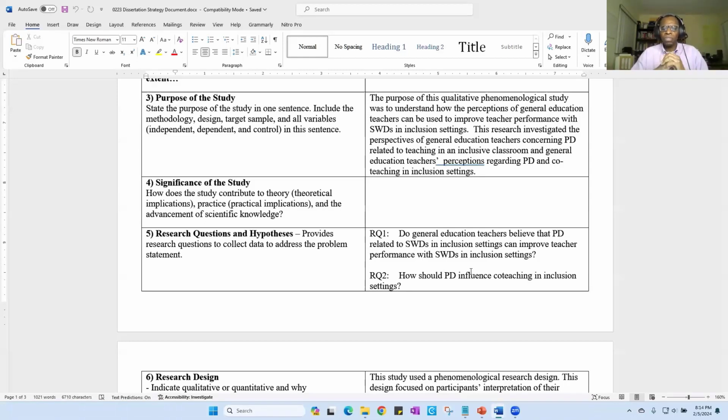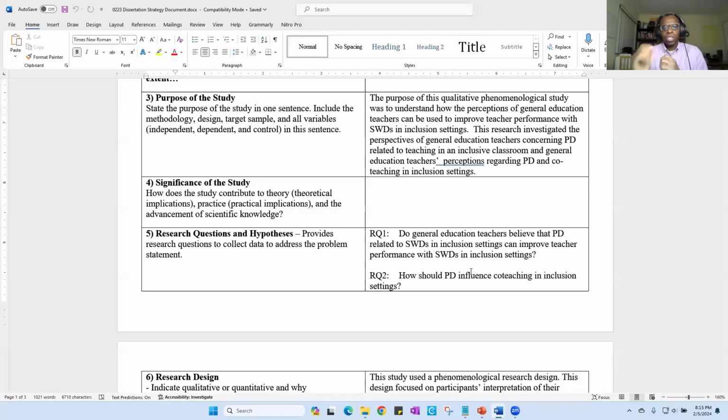How should professional development influence co-teaching in inclusion setting? Now, what they did in some cases is take the special ed teacher who was with the students with disabilities and bring that teacher into the classroom with the general ed teacher. So as the students with disabilities moved around for their different subjects, the special ed teacher would move with them.